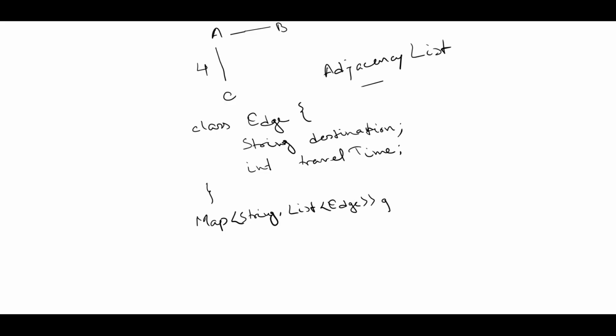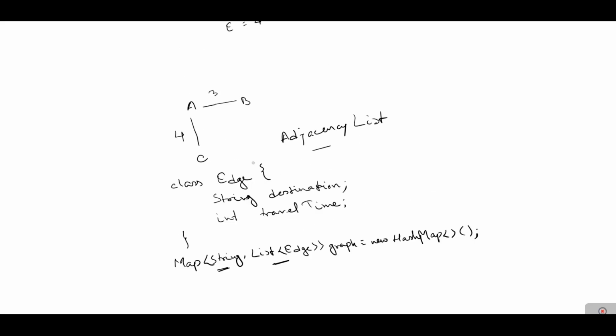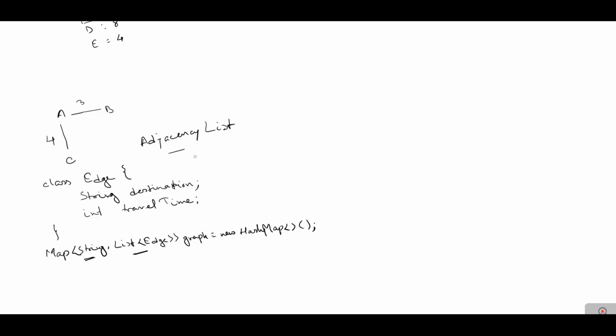Again, to keep that information, we will use a map. The key here represents an intersection, and the value is a list of all roads leaving that intersection. In other words, every node knows its neighboring nodes.